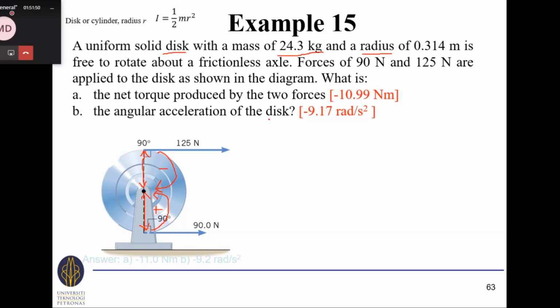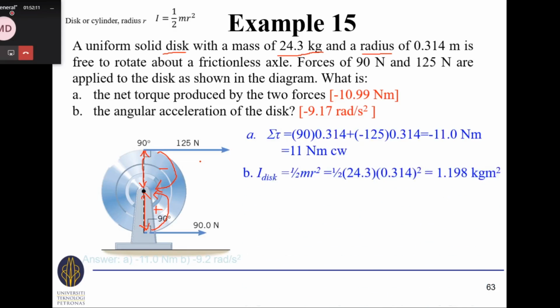Calculate carefully. You see there, the answer is negative. Practically, it's because 125 is greater than 90 when the R is the same. So of course, it will be a clockwise motion. Then proceed with the calculation for the torque. You can write it this way: torque equals I alpha, but you need to calculate the moment of inertia first.